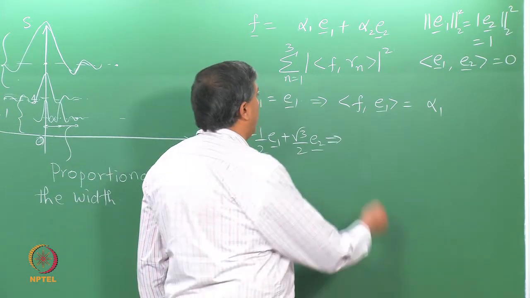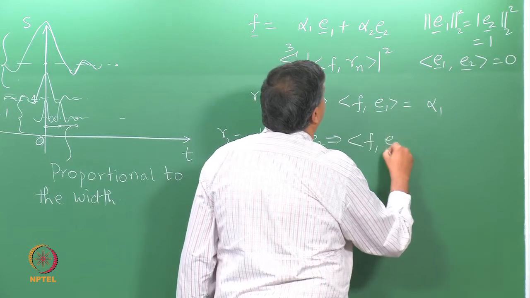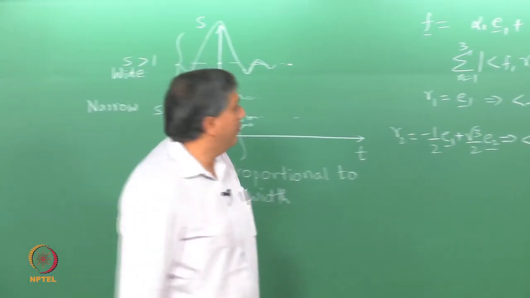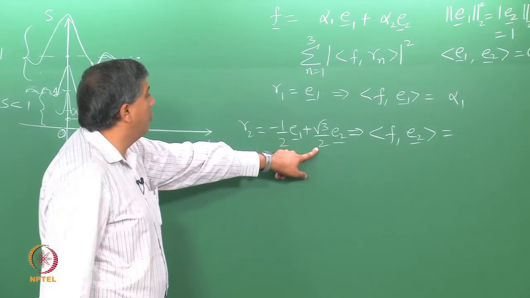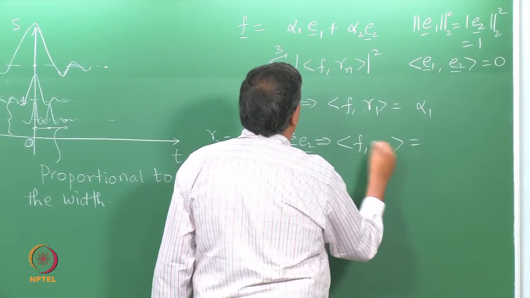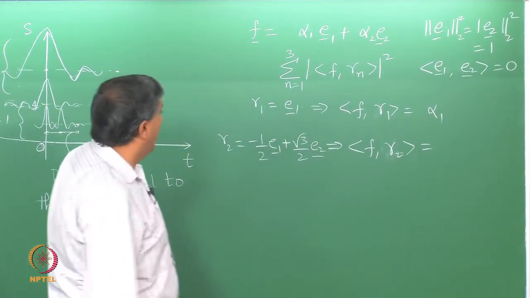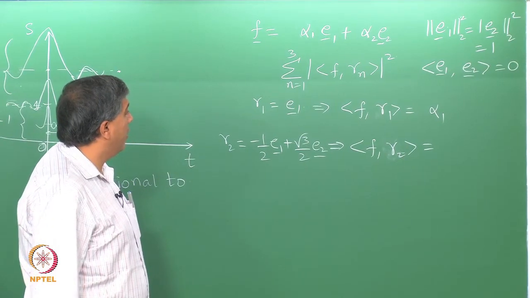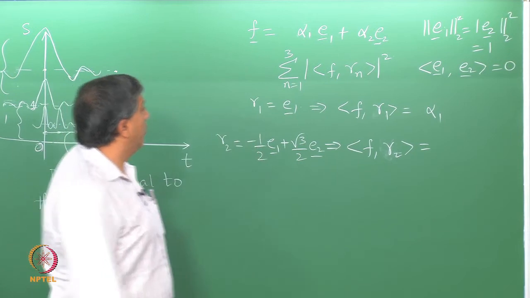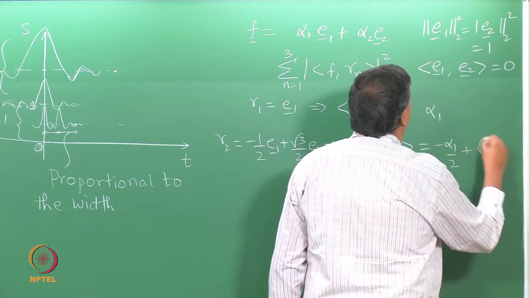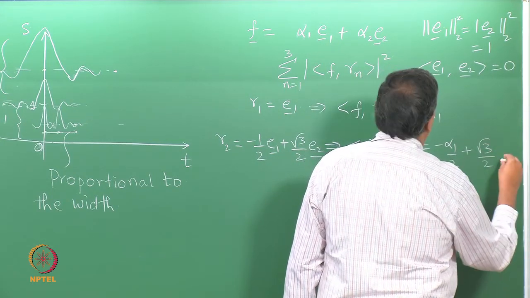All right. So now I am going to evaluate the inner product of f with gamma 2, which is minus half E1 plus root 3 over 2 E2. Sorry, it should be gamma 1 and gamma 2. f is alpha 1 E1 plus alpha 2 E2, and therefore I have minus alpha 1 over 2 plus root 3 over 2 alpha 2.